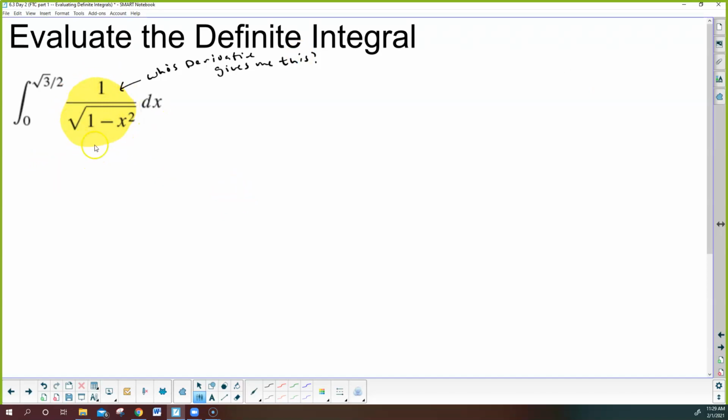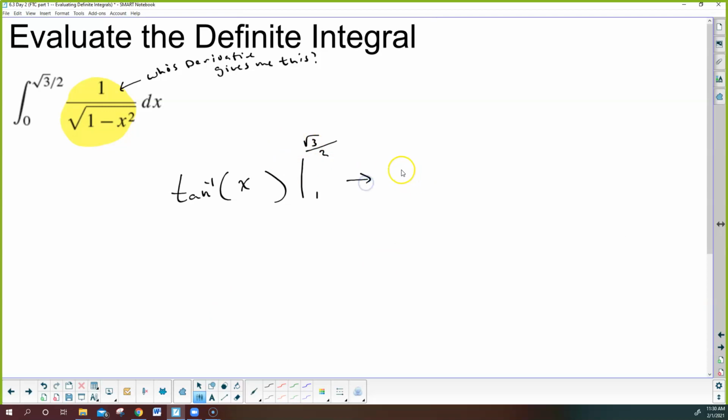But the antiderivative, or whose derivative gives me this, if you remember it, is the inverse of tangent. And that's just a fact that if you were to look at, you hopefully have that page of derivatives. So look at the tangent inverse, and if you were to undo that, you would get this value right here. Okay.